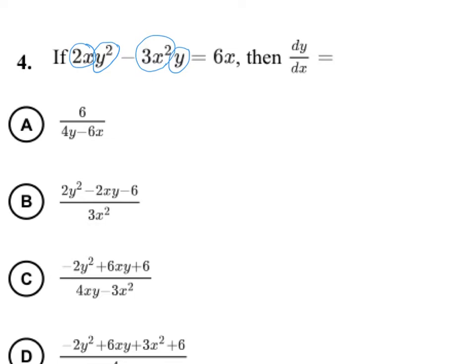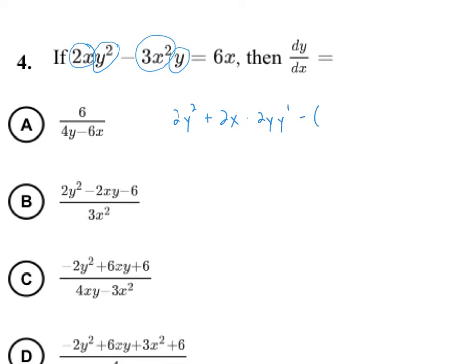Okay, so let's take product rule. So the derivative of the first is 2 times the second plus first times the derivative of the second. So the derivative of y squared is 2y y prime.